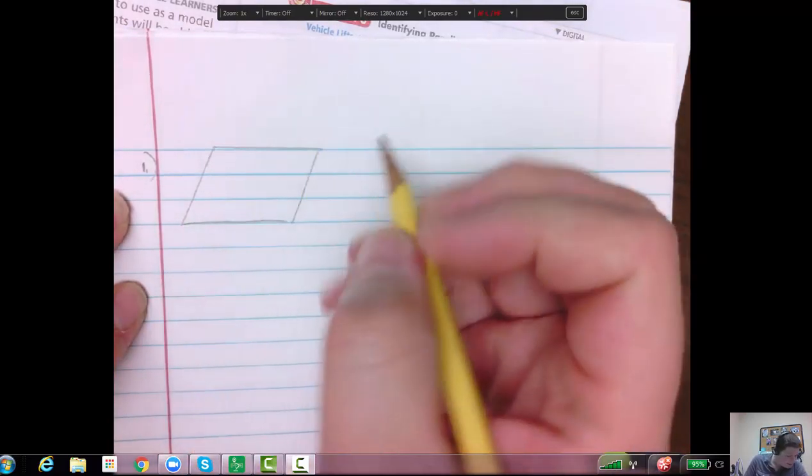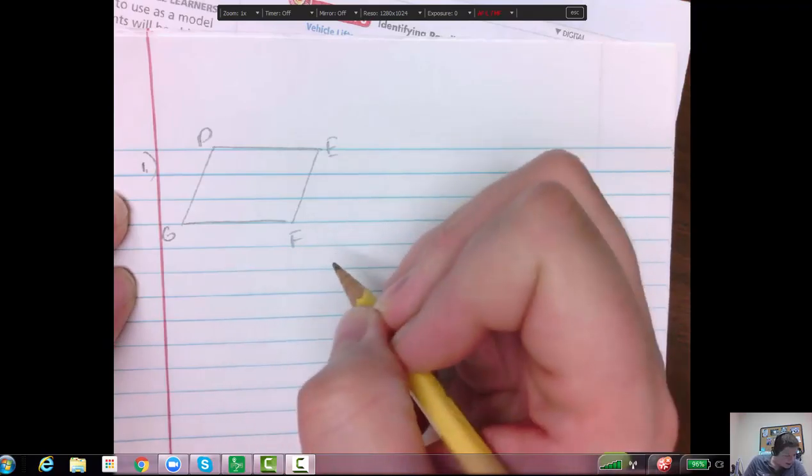So let's walk through a couple example problems. What if we had something that looked like this, and we said this is G, D, E, F. And we said this one is parallel to this one, and this one is congruent to this one.